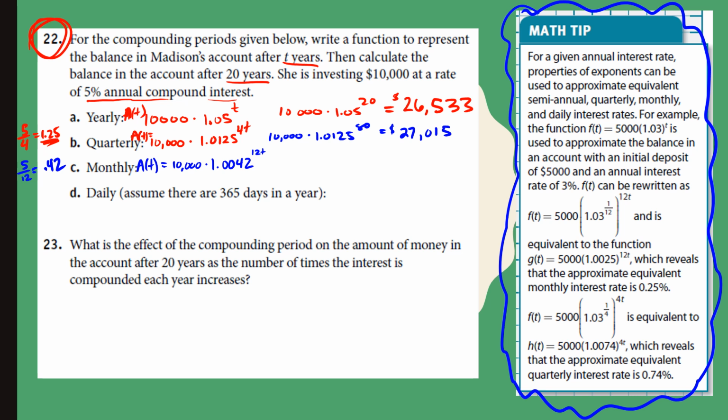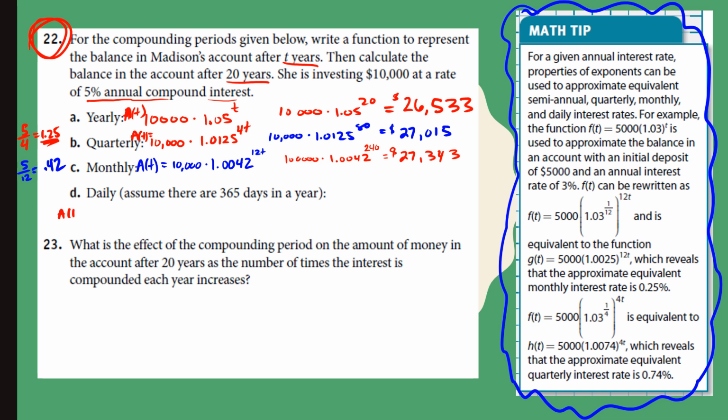So that'll give us 10,000 times 1.0042 to the 12 times 20, which is 240th power. So do that one. So you get 1.0042 to the power of 240 times 10,000, and you get 27,343, let's say.